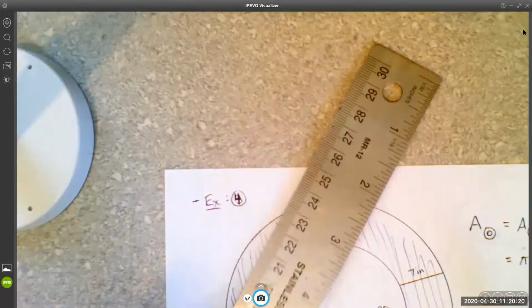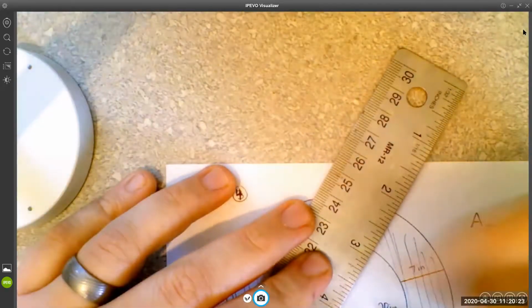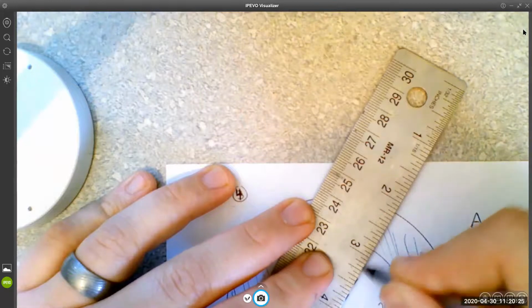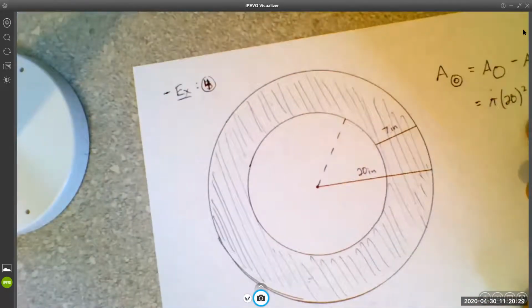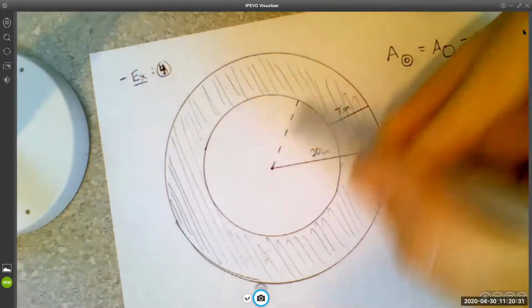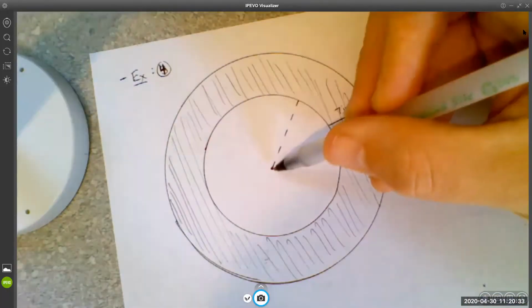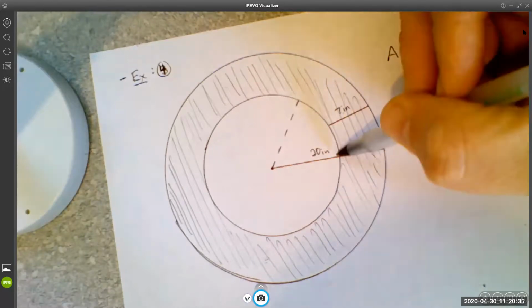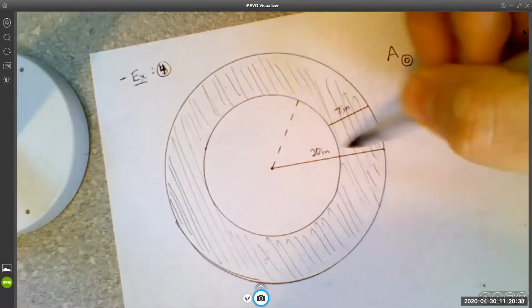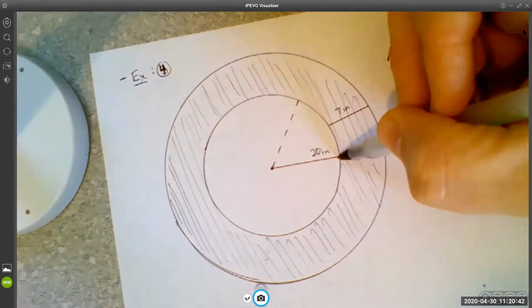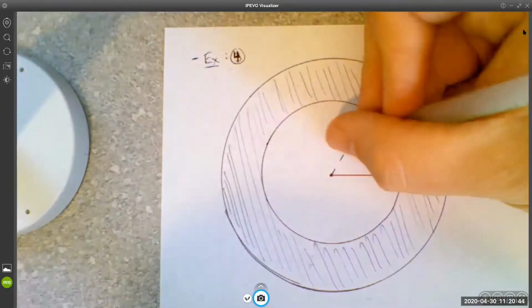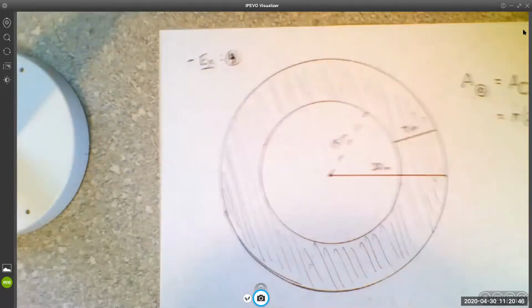So we're just looking for this little radius right here. Well, if we know that from here to here is 20, and from here to here is 7, then that must mean that from here to here is 20 minus 7, which is 13, right? So this should be 13 inches right there.